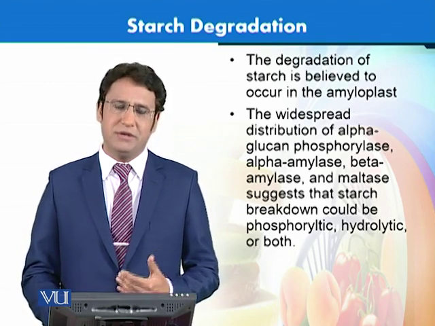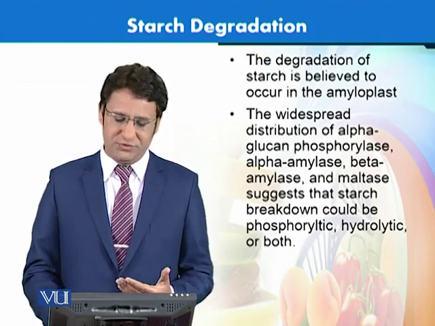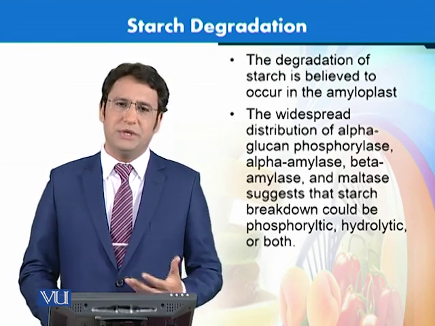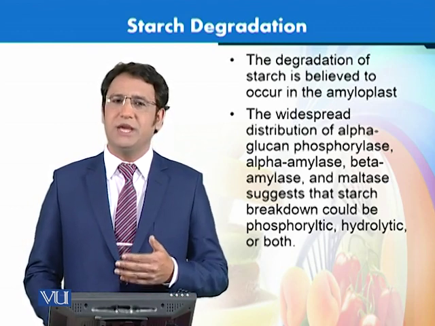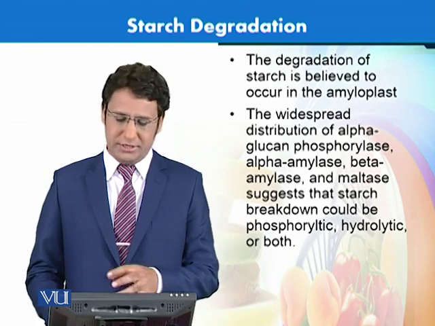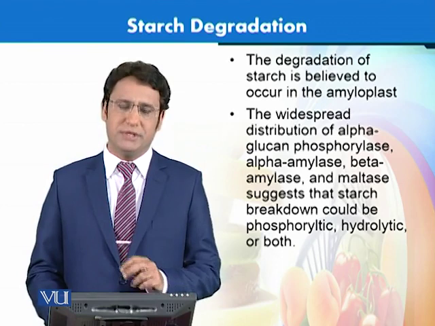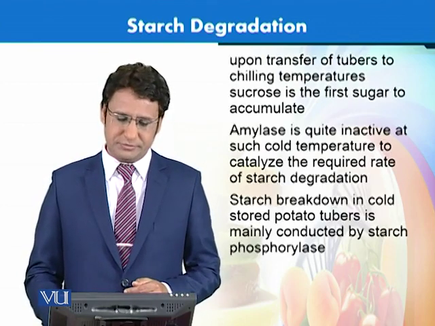This biodegradation can be phosphorolytic, or hydrolytic, or both, two different mechanisms by which degradation takes place. We can assume this from the information available, that the concentration of these enzymes is more prevalent in the area where starch degradation takes place.